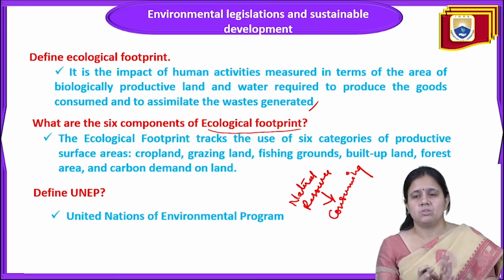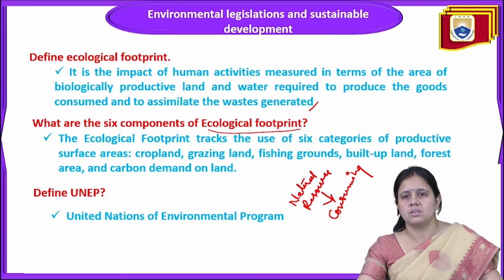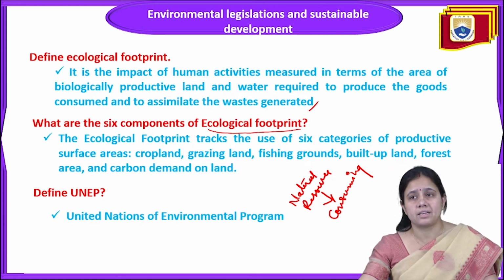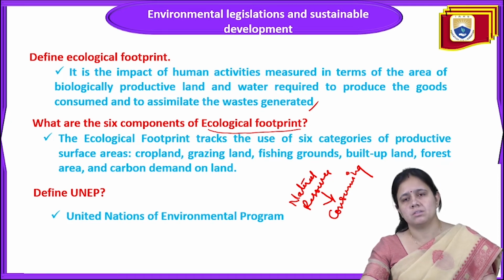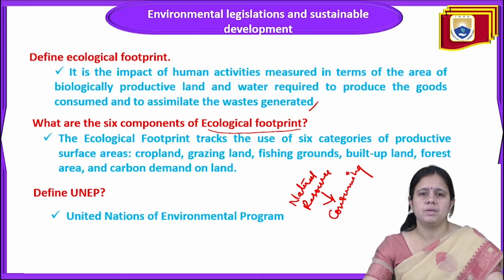Built-up land means land available for agriculture or residential purposes. Then the forest area, then the carbon demand on the land, meaning carbon consumption by human beings on the land. These are the main ecological footprints associated with a normal human being. There are six components of the ecological footprint.